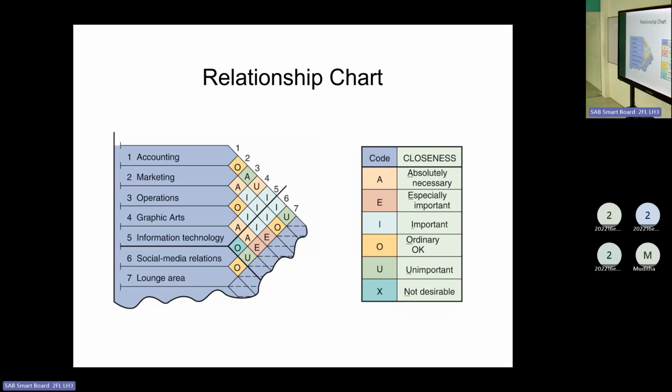For example, for A-type relationships, we use 5 lines. E-type relationships, we use 4 lines. As for I, 3 lines, O 2 lines, U 1 line. And X-type relationship, we denote using the zigzag line.